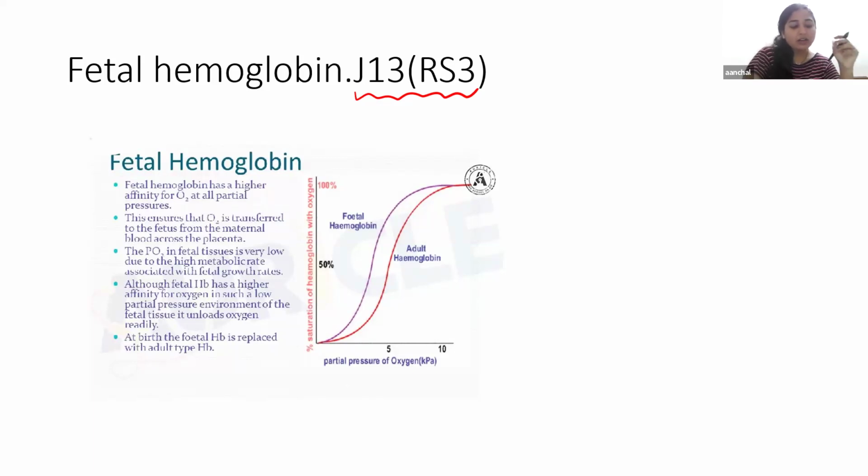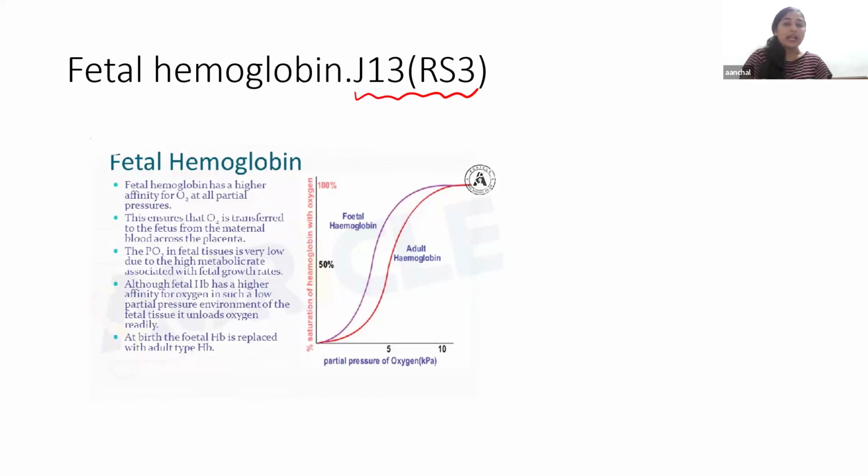Okay. And here gamma chains also contain 146 amino acids, but have 37 amino acids that are different from beta chain amino acids. Okay. So particularly, the main difference between HbA and HbF is the amino acid sequence.